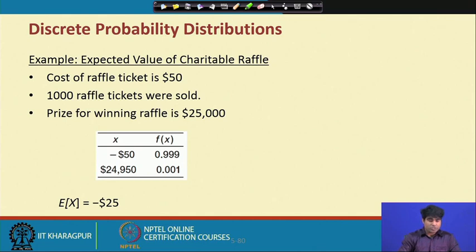The cost of this particular ticket is $50. Corresponding to this information, you have to create a distribution. These are the x possible situations, and this is the f(x) for each possible situation. Then you have to find the mean of this particular series.